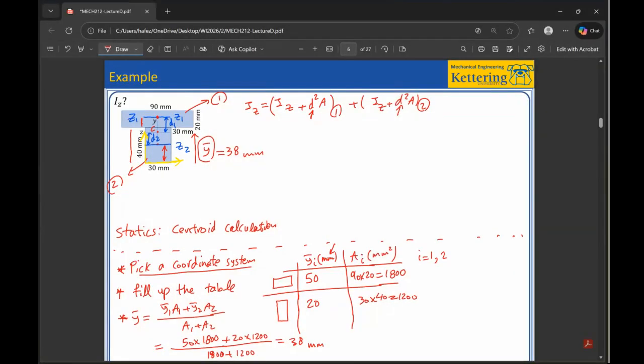Now, once we pick this, we're able to fill up d1 and d2. So I want a volunteer for d1 and another volunteer for d2. Look at the geometry. From the bottom point to C is all 38.